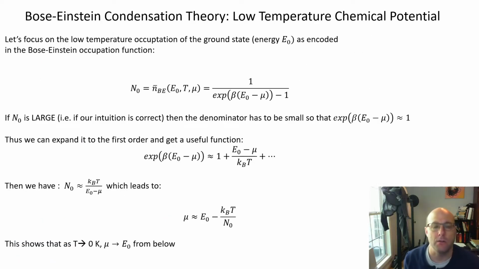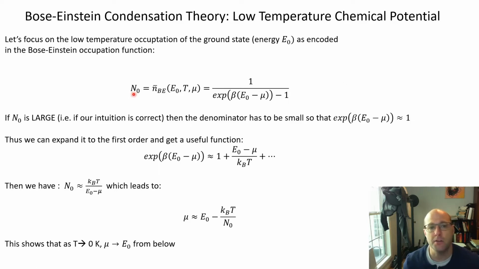So let's see what we're going to do. The first thing is to think about the behavior of the chemical potential at very, very low temperatures, really approaching zero. Based on that intuition, we claim that the occupation of the ground state, which let's say has energy E0, should be large. That's not unreasonable, right? We're saying we think there's a pileup.